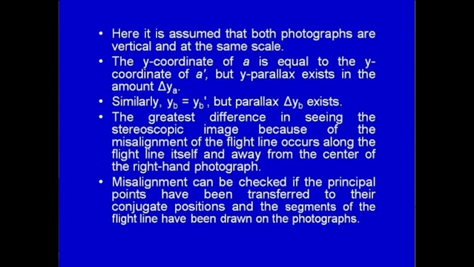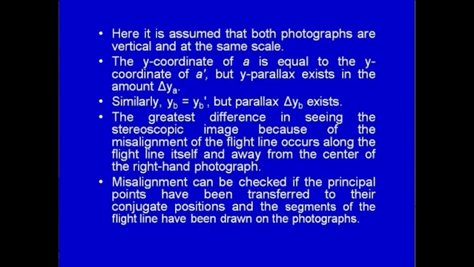The y coordinate of A is equal to the y coordinate of A dash, but y parallax exists in the amount delta y A. The greatest difference in seeing the stereoscopic image because of the misalignment of the flight line occurs along the flight line itself and away from the center of the right hand photograph.